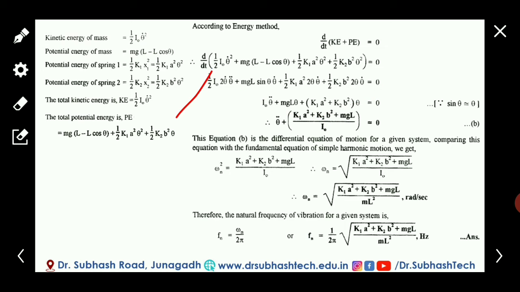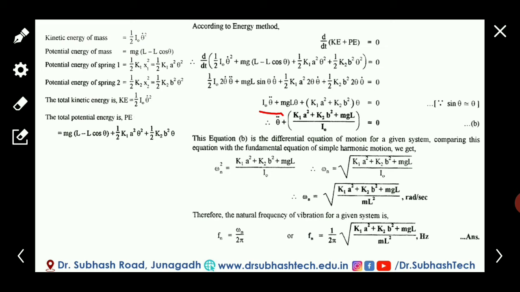One half and theta dot go from this equation, so the remaining is I0 theta double dot. Here one half does not need to move to this side, it's already cancelled by the 2 in all three terms. Only theta dot is taken as common and moved to the 0 side.